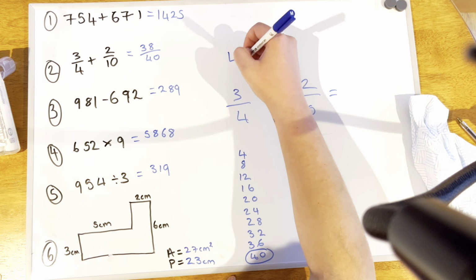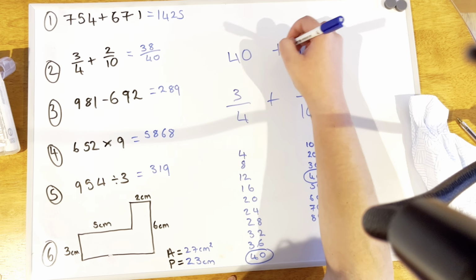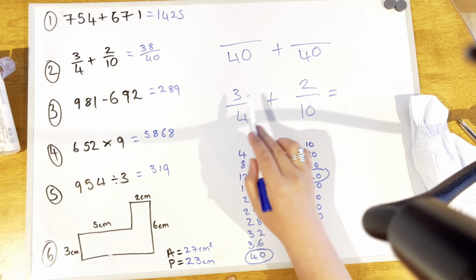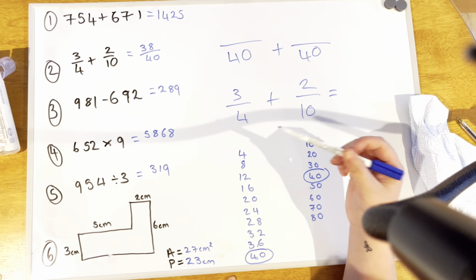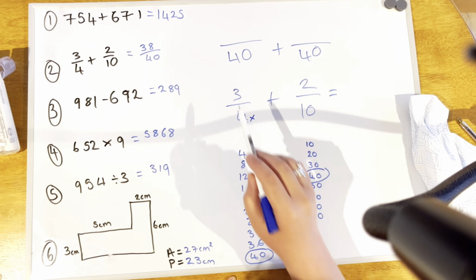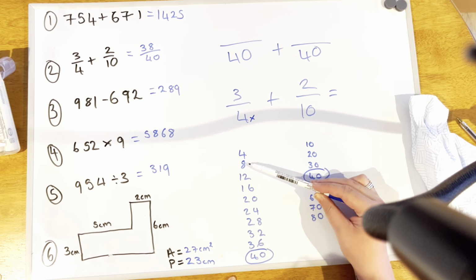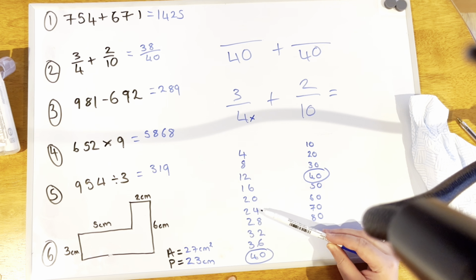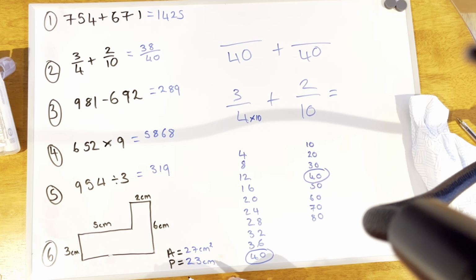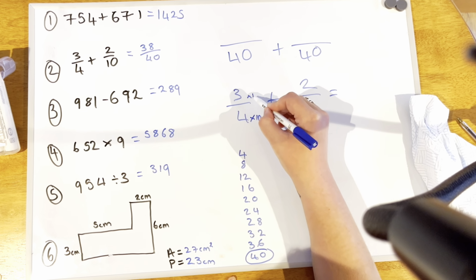My new denominator is 40, but I need to now work out what my new numerator is. Well, what did I times 4 by to get to 40? I times it by 1, 2, 3, 4, 5, 6, 7, 8, 9, 10. I timesed it by 10, so I need to times my numerator by 10.